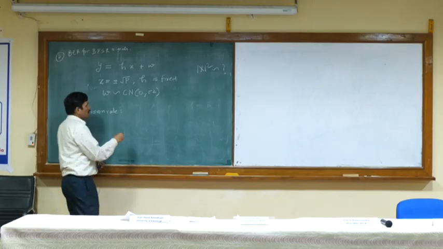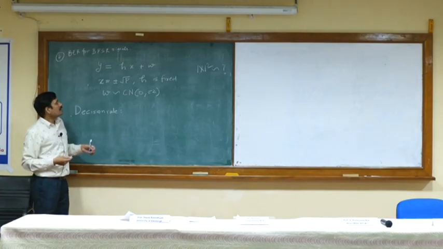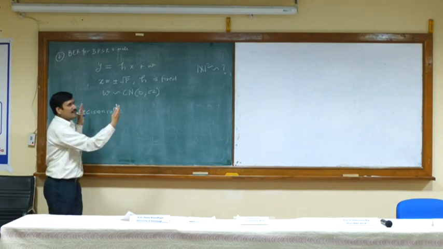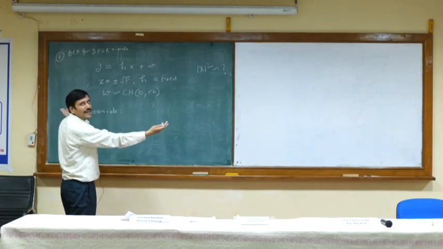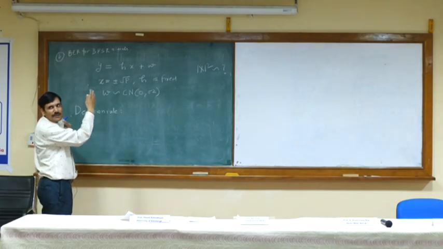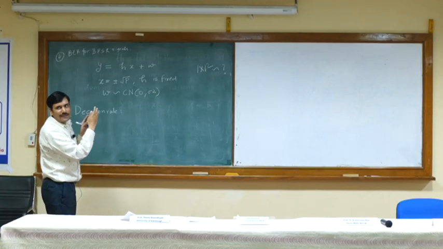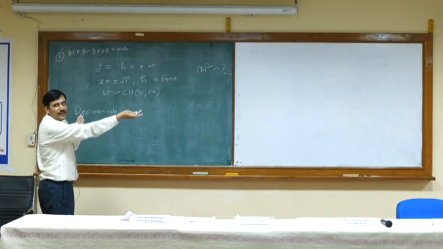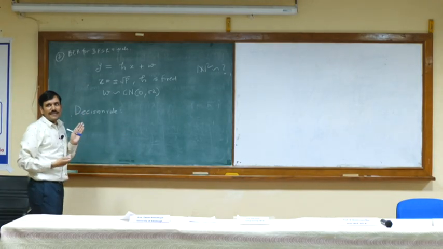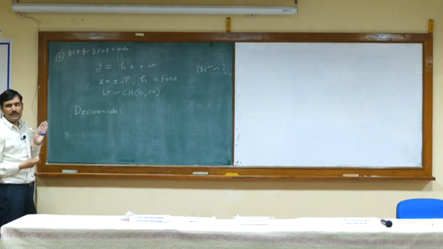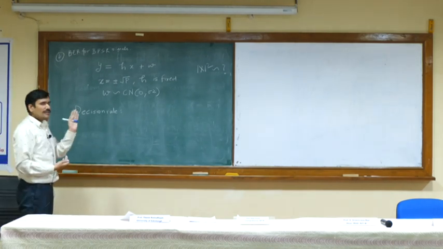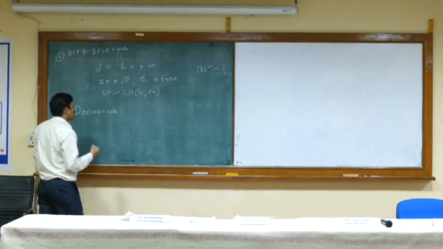So decision rule, we can intuitively see that we are transmitting either plus side or minus side. So we can make a hard boundary at 0. If our signal comes after 0, we will decide in favor of plus 1 or plus square root of p. If signal comes here, we will decide minus square root of p, okay.